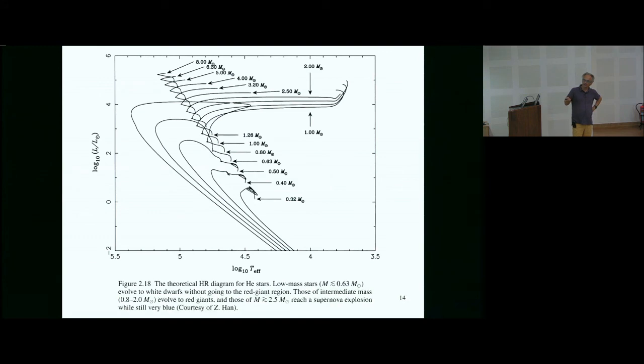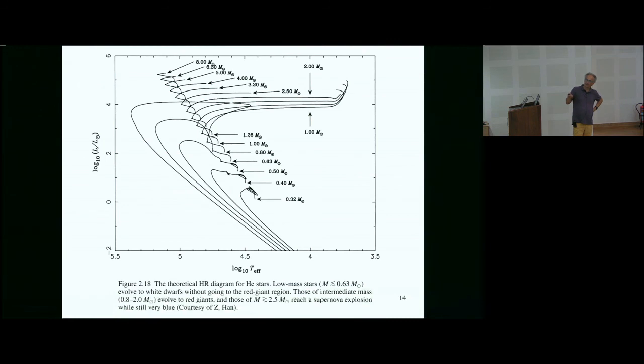The point is that there are two branches here. So you see that for some stars, you evolve mainly on the main sequence, and then you finish the evolution.